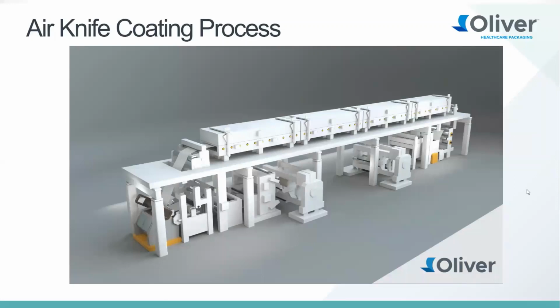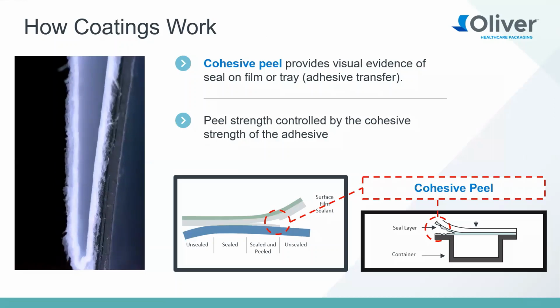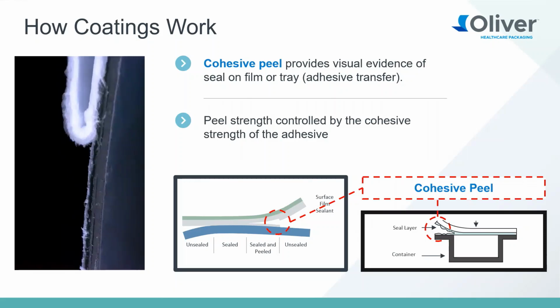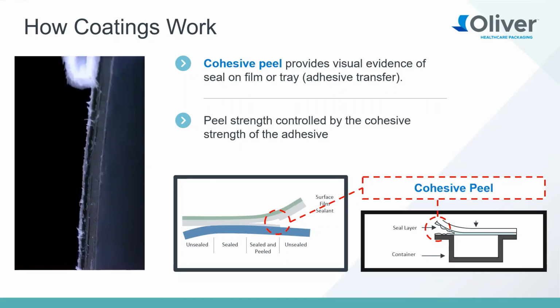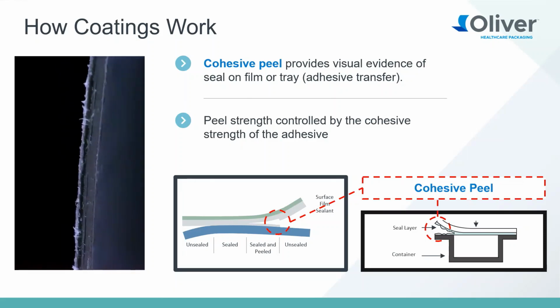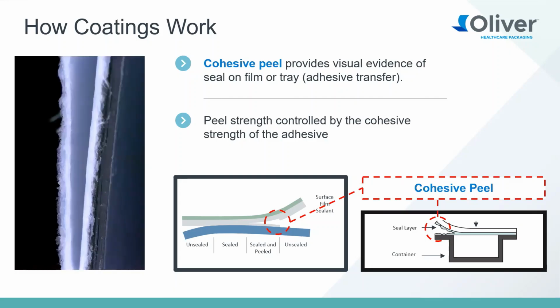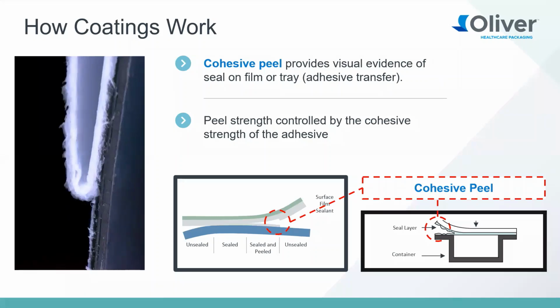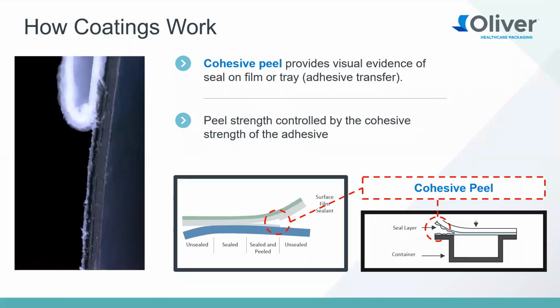So once a coating is formulated and then it's applied to the substrate and eventually sealed, how does it actually work and add value to our package? Maybe we can go back to the theory of cohesion on this. Yeah, definitely. So we talked about adhesion and we talked about cohesion. So our formulators are working in this theory. So a cohesive peel is going to look like, let's just look at the lower right for a second.